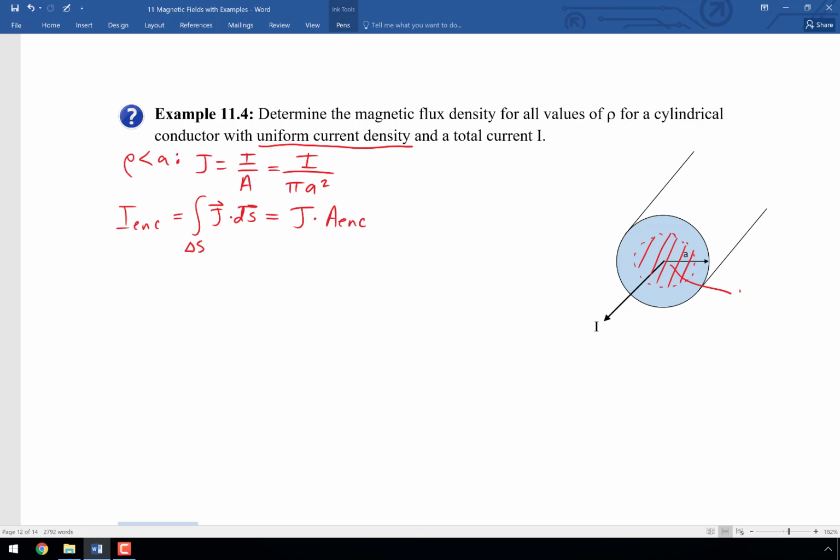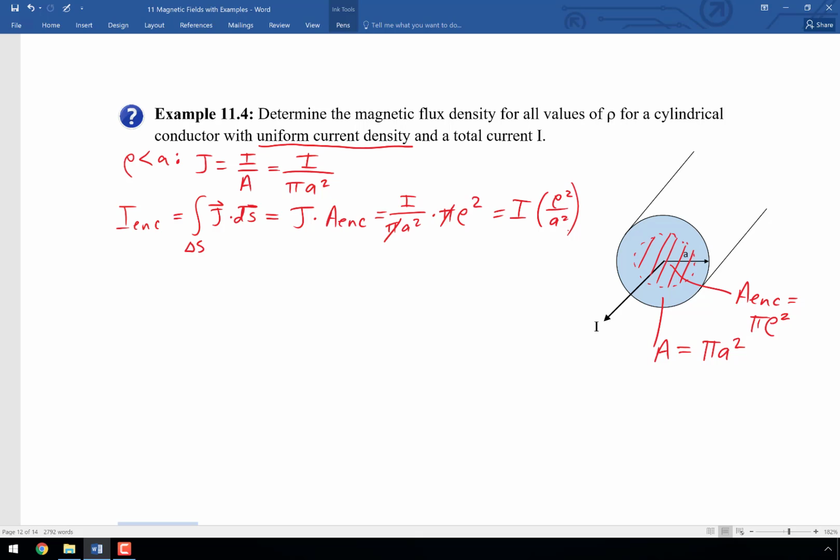So this area here is A enclosed, whereas the overall area is the total area A. The area that is enclosed is equal to pi rho squared, and the total area, as we saw, was pi a squared. So J was I divided by pi a squared, and the area enclosed is pi rho squared. The pi's are going to cancel, and I'm left with I times rho squared over a squared.